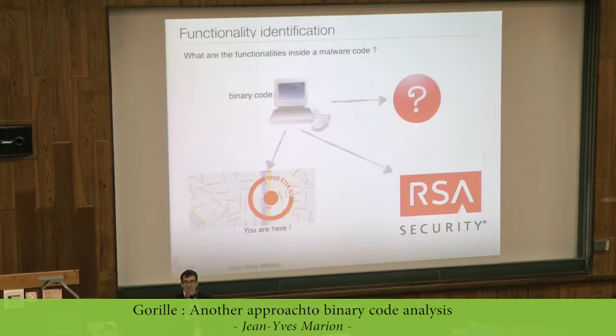Is this a friendly game or not? The answer is up to you. But in some sense, it would be nice to detect in an automatic way what functionality is hidden inside a binary code. That's why we are trying to do that, for example, to find some geolocalization functions or some cryptographic functions or whatever you want.